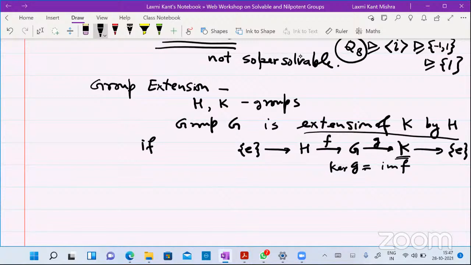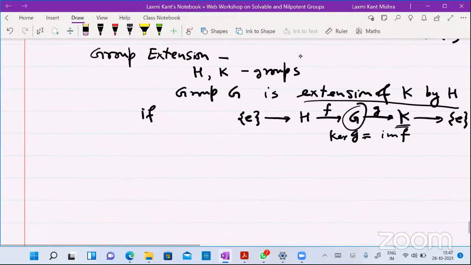So this G is called an extension of K by H if this condition holds.